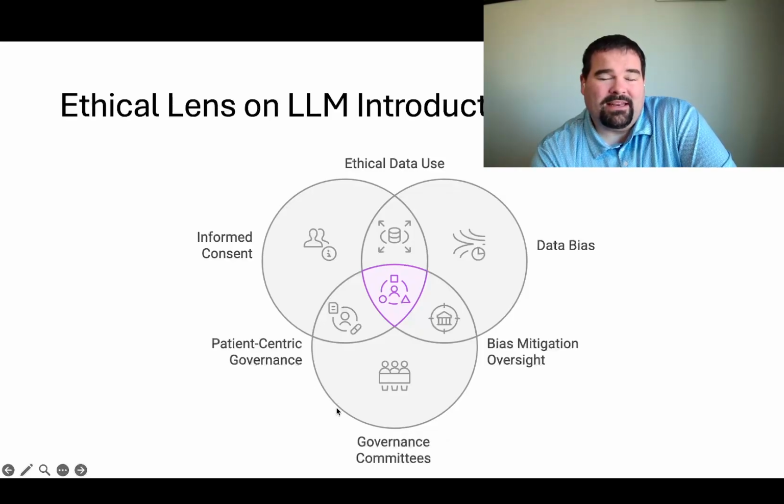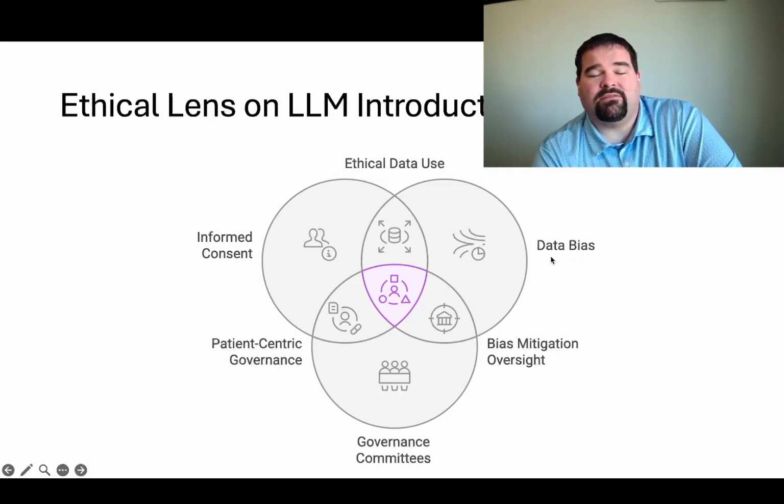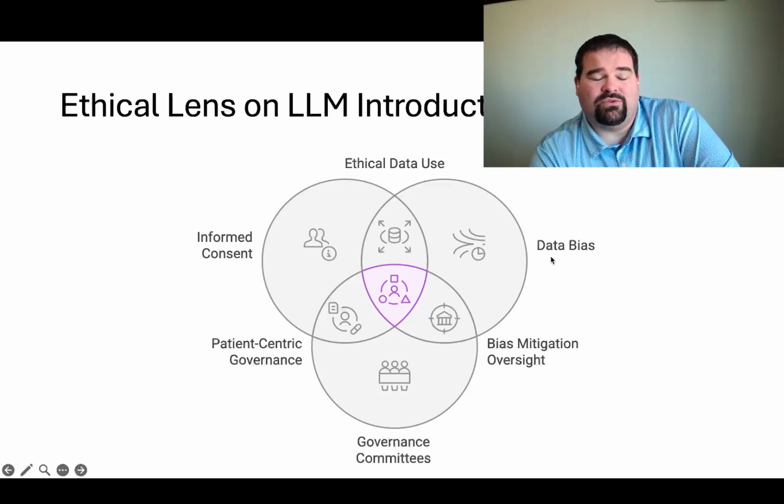We need governance committees to look at what we're putting into large language models and how we're doing them. There are going to be situations, and we're going to talk a lot about this in bias, where you shouldn't be using large language models because they are prone to bias. The data that they output is going to have bias. In general, the data that they output is going to try and make it as generic as possible.